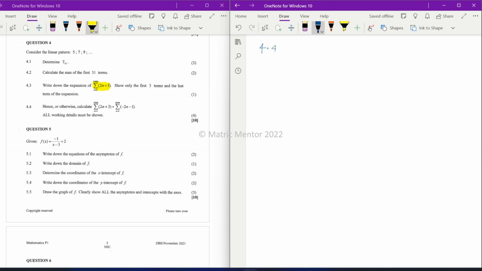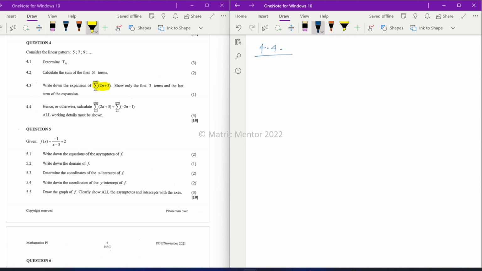So let's do question 4.4 now. Question 4 asks hence, right? So hence or otherwise, meaning now after you did the previous question, calculate the sum of these two functions.